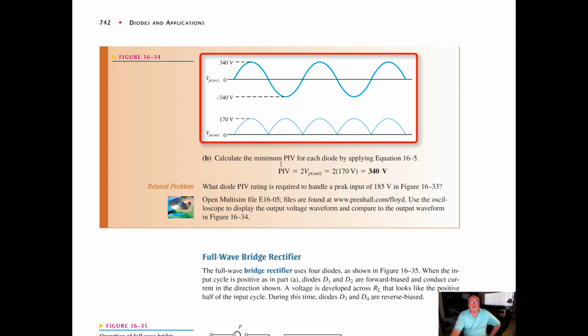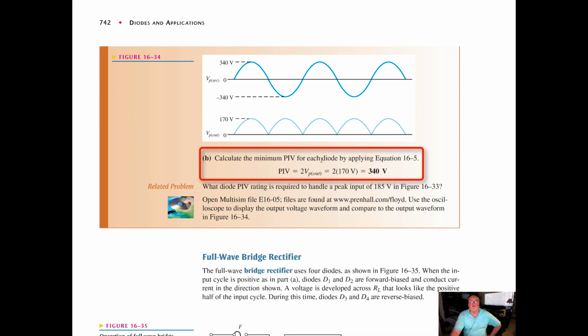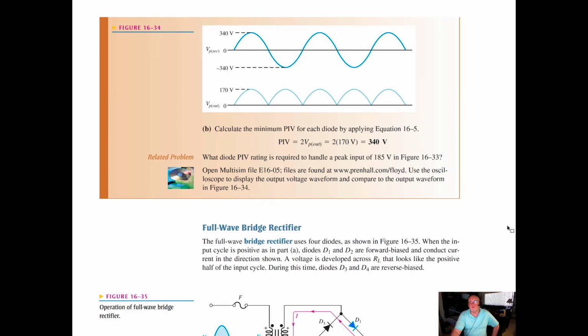If we calculate the minimum peak inverse voltage for each diode by applying equation 16.5, PIV is equal to 2 times VP out, which is 340 volts. It seems like we're going in circles here, but with the mathematical relationships, that's how it works.